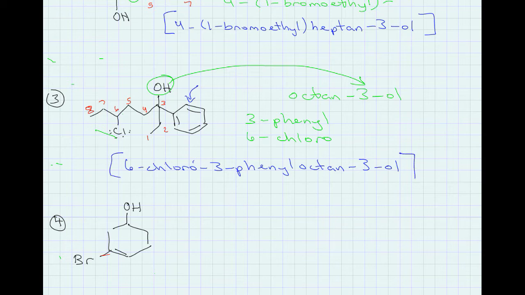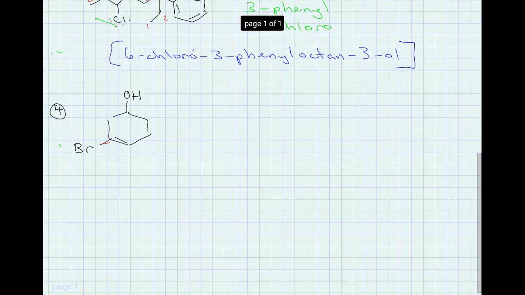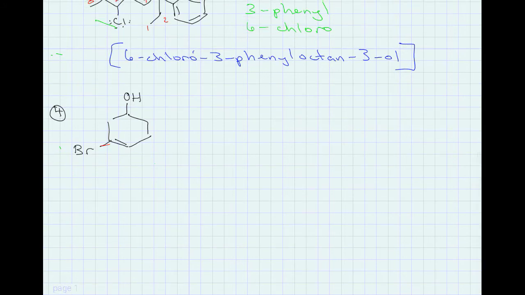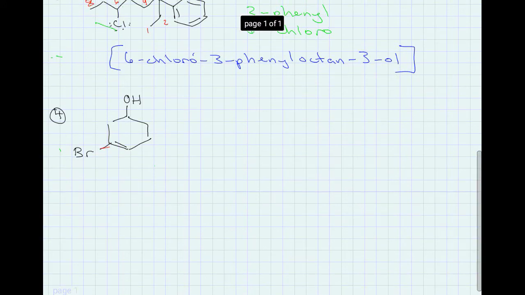So let's try one more problem here. If we look at this last problem, this is a nice one. It's a cyclohexanol. We know the root here is cyclohexanol because we have 1, 2, 3, 4, 5, 6 carbons, but we have this double bond here. So we're going to have to include that in our name.